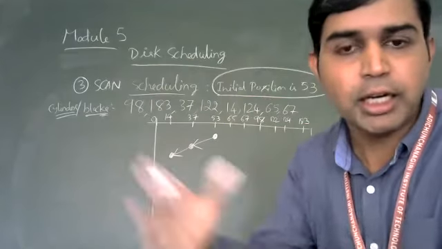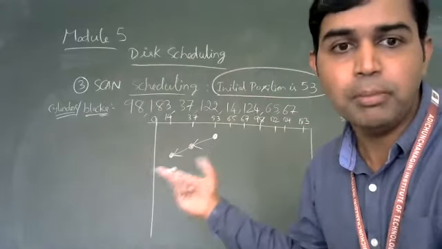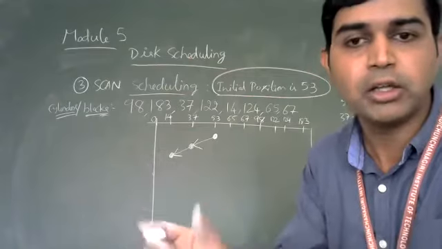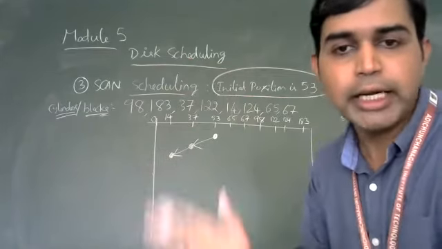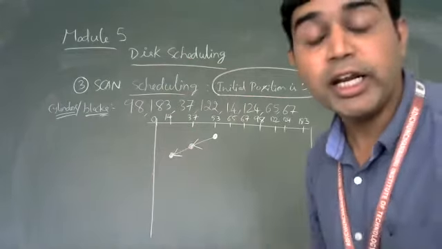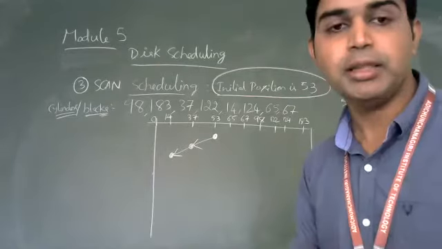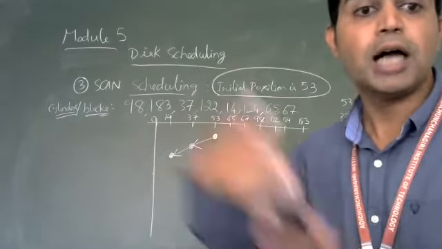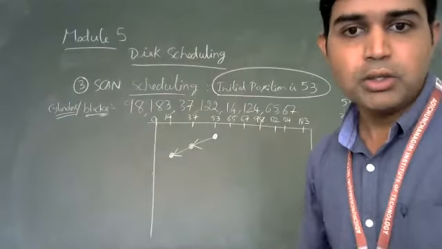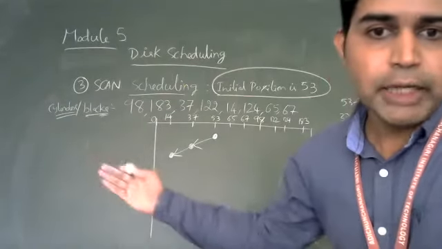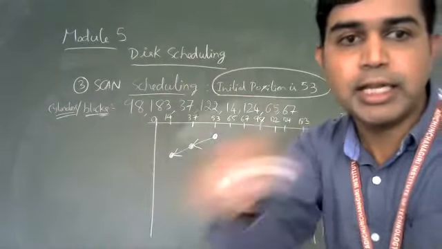Even though that number is not given in your problem, the scan scheduling algorithm works like that only. It will reach one end of the disk first, then it will make a movement to the other end. So from 14, it will be moving to the end of the disk, that is 0.